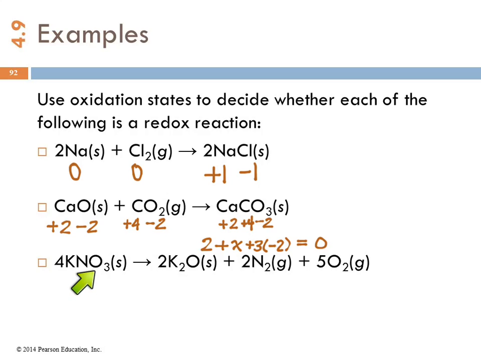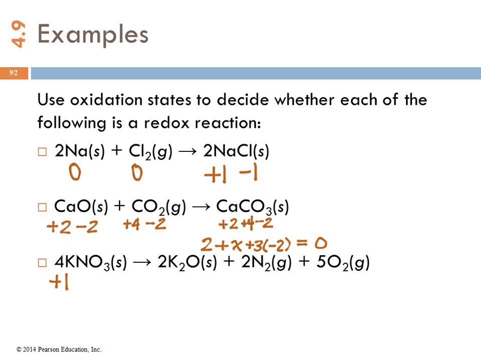Potassium nitrate. So here we have a monatomic ion and a polyatomic ion. So the monatomic ion gets to have its charge as its oxidation state. What's the charge on potassium ion? +1. And then nitrate, if you want to think of nitrate as an ion and add its stuff up to -1, that's fine. I think it's easier to just look at the whole thing. It adds up to 0. It comes out the same. So nitrogen and oxygen, who has preference in that table?